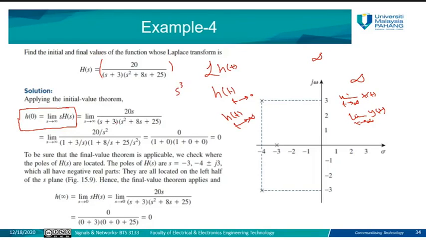So every element here will be divided by s cubed. So this one divided by s squared, s divided over s cubed, this one 3 over s cubed, and the numerator will also be divided by s cubed.